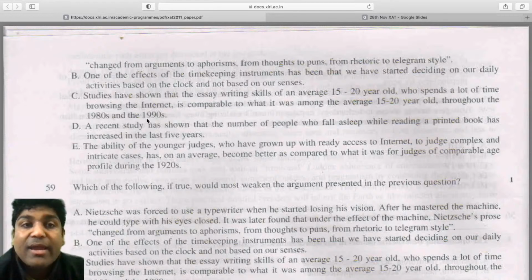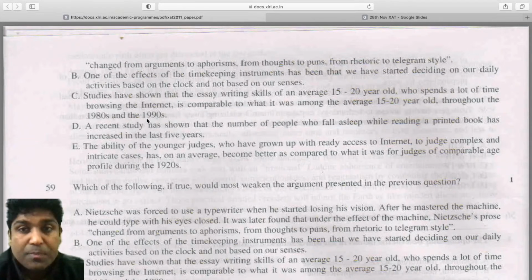So this is in a way trying to say that the writing skills are the same. Okay, writing skills are the same.